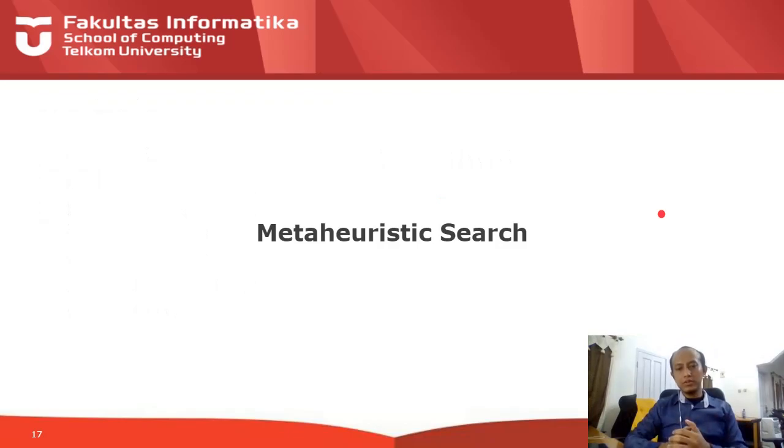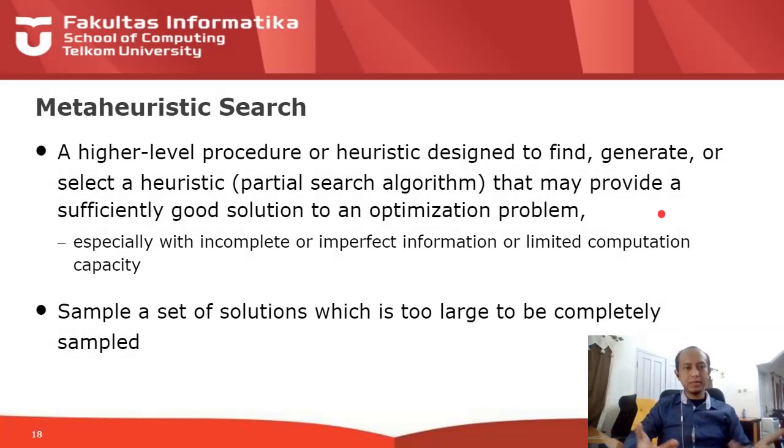Now we move on to the second topic, meta-heuristic search. Meta-heuristic is a higher level heuristic. So what meta-heuristic search does is select a lower level heuristic algorithm to find a solution.